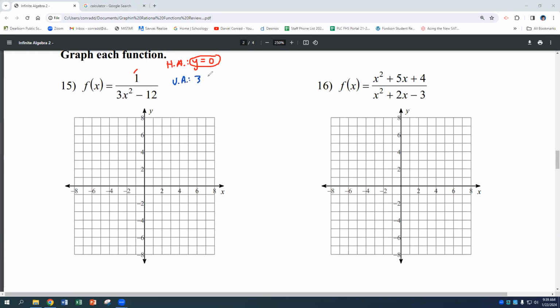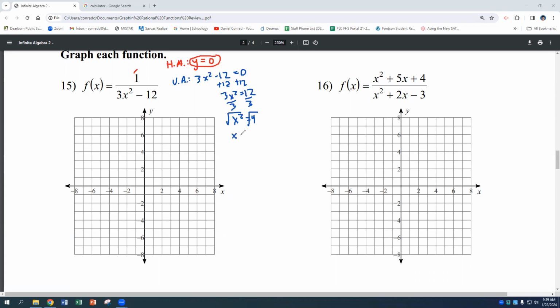Okay, 3x squared minus 12. We're going to set that equal to 0. We're going to add 12 to both sides. We get 3x squared equals 12. We're going to divide both sides by 3. We get x squared equals 4. Take the square root of both sides.